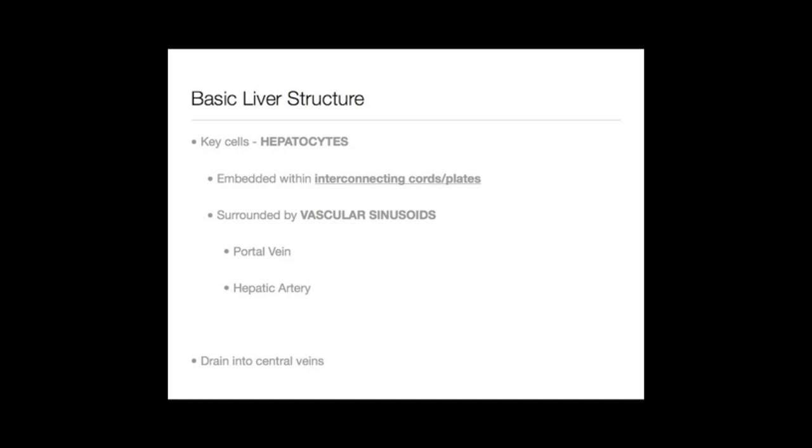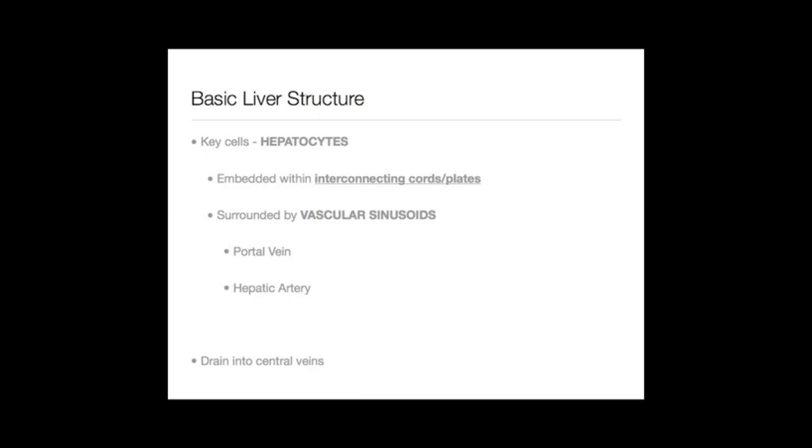As the blood passes through, it goes around the hepatocytes, and eventually drains into the central vein, which eventually forms together to form the three hepatic veins, which form the output of the liver.